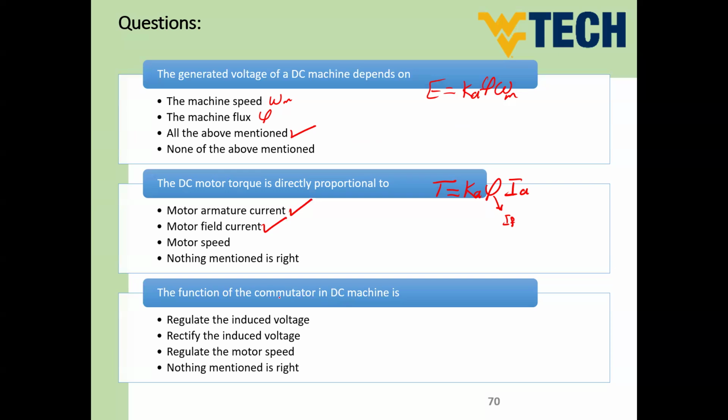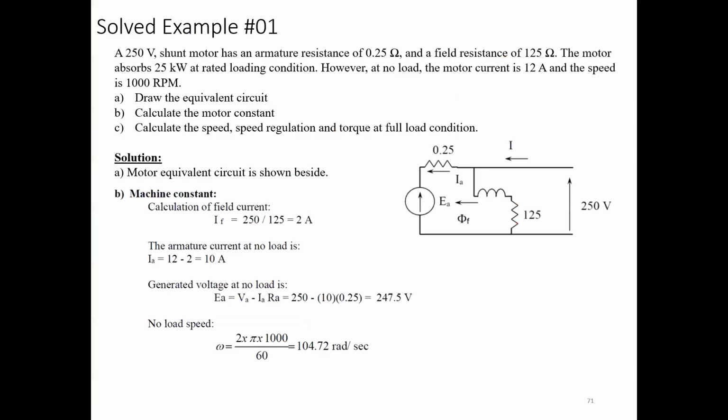The commutator in a DC machine is converting the AC to DC, and this is the meaning of rectification. So we can say this is rectify the induced voltage. Okay, so we will stop at this point here, guys, and we can start solving this example from the next session. Thank you so much.